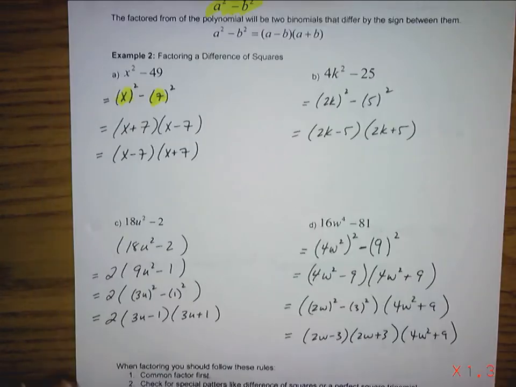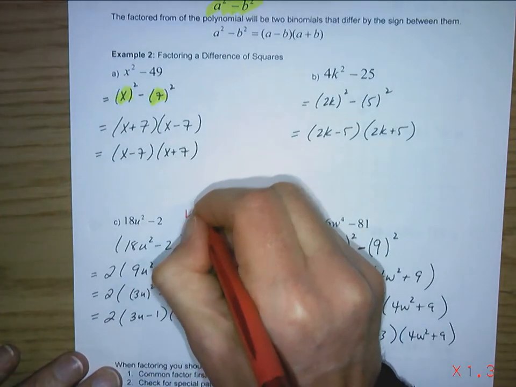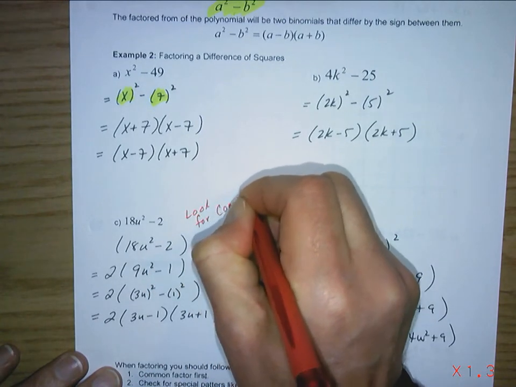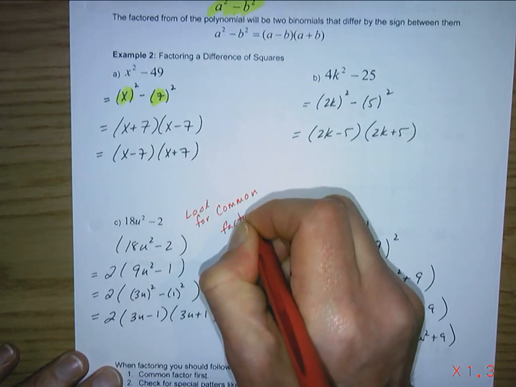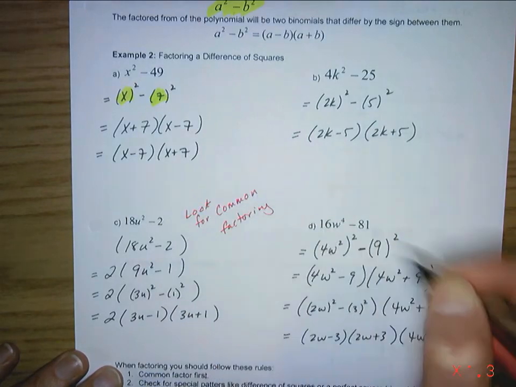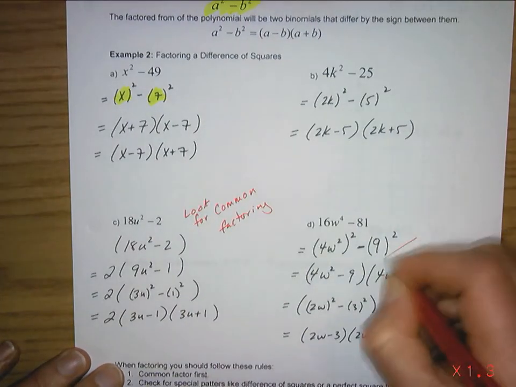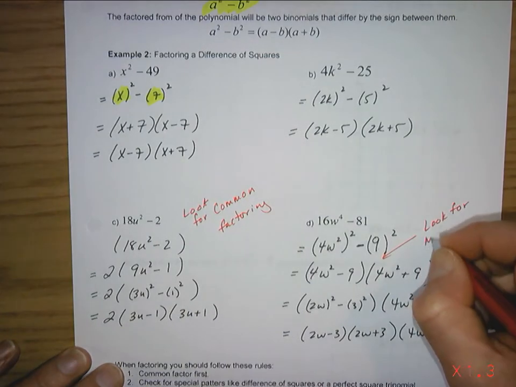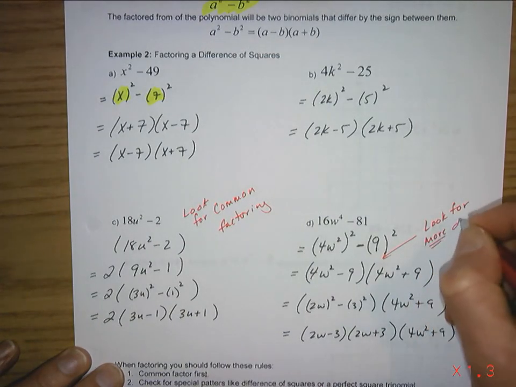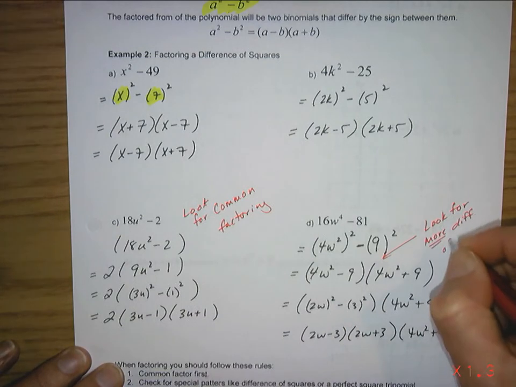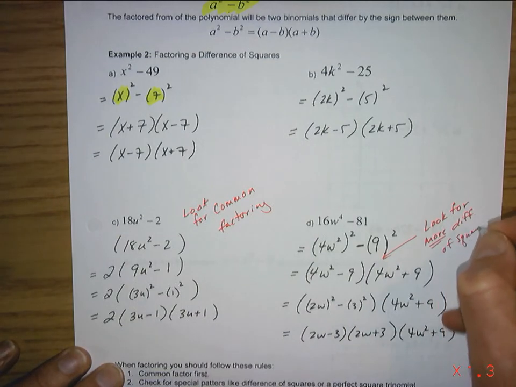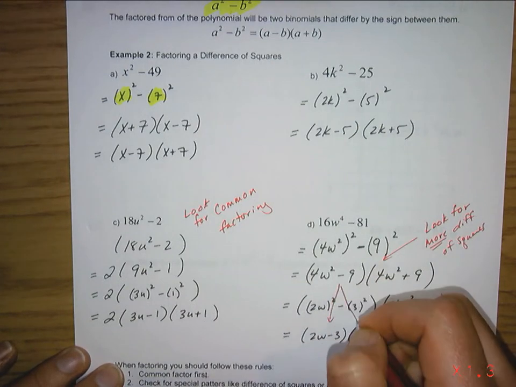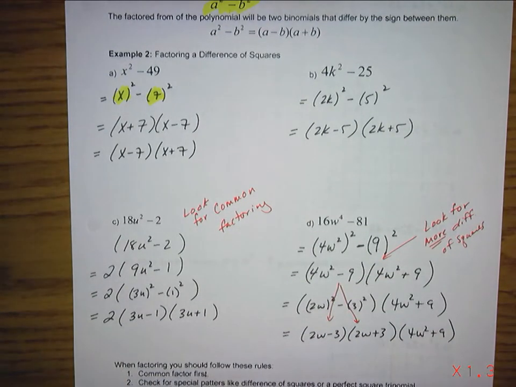So let's be sure that we know, look for common factoring. And this one, look for more differences of squares. It keeps going. This one factors back down into another difference of squares.